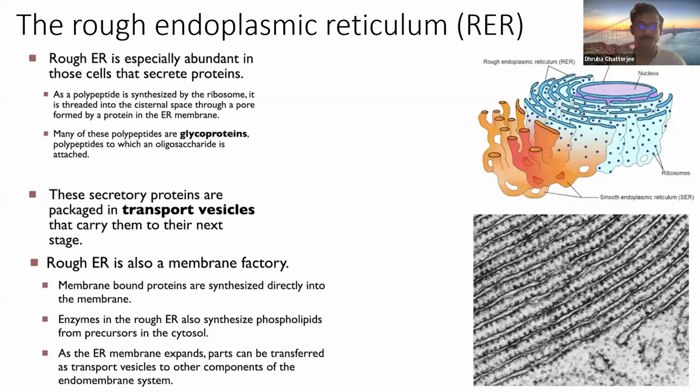cis Golgi. And so basically, from this endoplasmic reticulum, when vesicles come out having the suitable proteins that are to be delivered to the cis Golgi, what they essentially end up doing is providing both new membrane as well as new proteins to the Golgi apparatus.